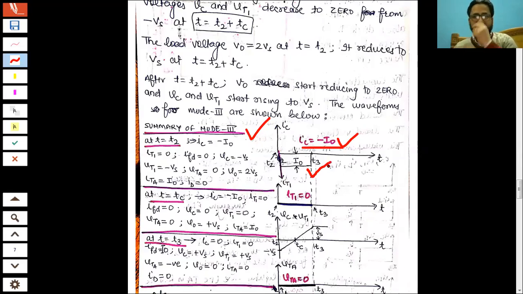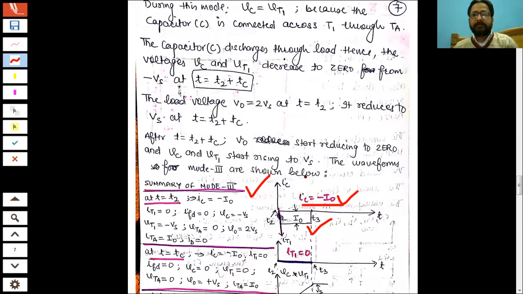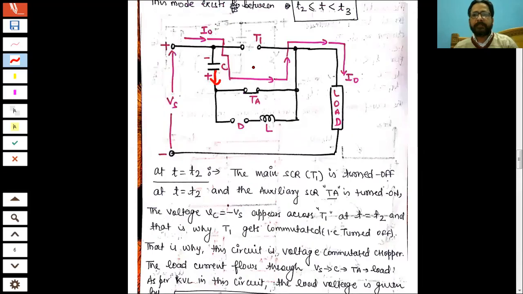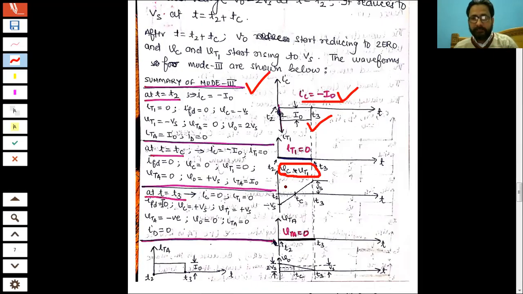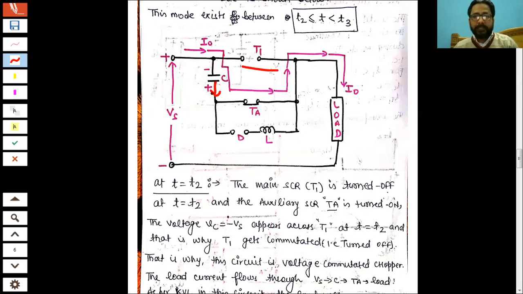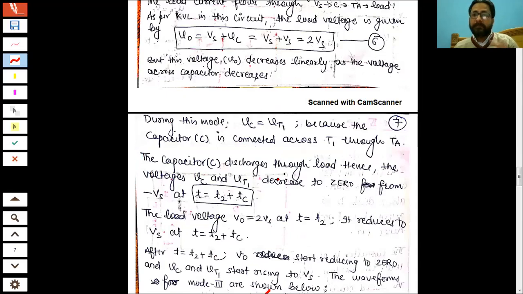One thing. Second, IT1 is 0, no current is flowing through main SCR, it is 0, right, for this duration. Then VC and VT1, two voltages here. VC, अभी मैंने आपको क्या बोला कि कैपेसिटर डिस्चार्ज हो, लेकिन जो मेन करंट इससे फ्लो कर रहा है उसको चार्ज भी कर रहा है, तो ये लीनियर ऑपरेशन है. क्यों?